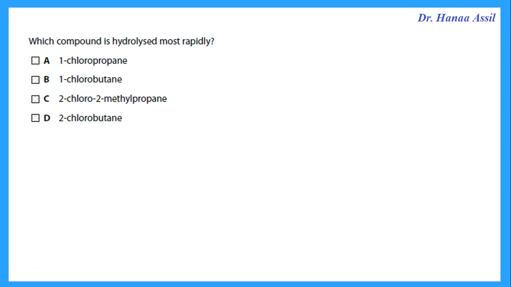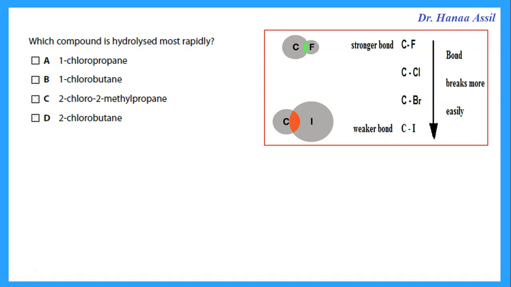Which compound is hydrolyzed most rapidly? You should remember that if we have a carbon bonded to halogens, which one will break more easily? Which one is weaker? Now, if we have a carbon bonded to a halogen, as I go down the group for halogens, group 7, the halogen gets larger, so there is less attraction between the bonding pair of electrons and the positive nucleus.